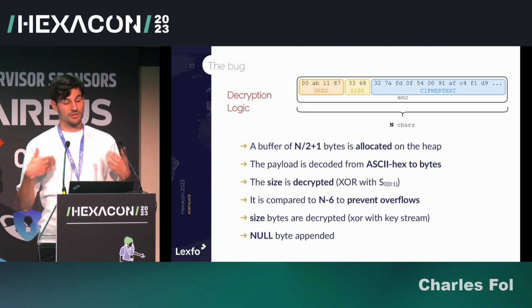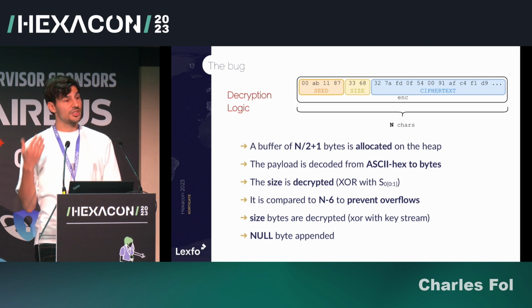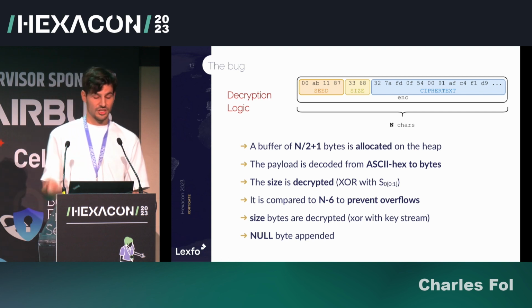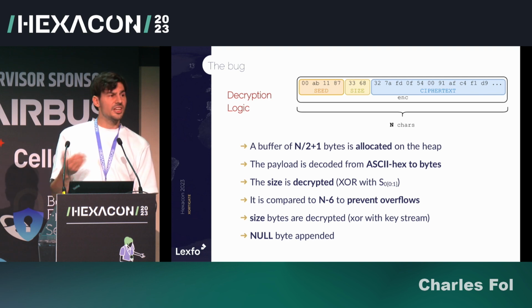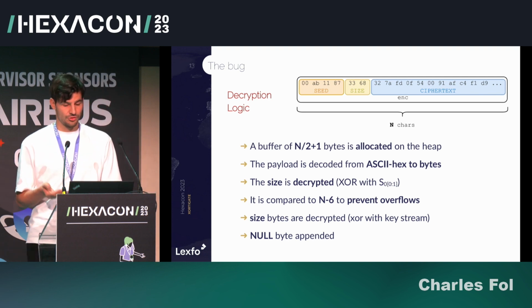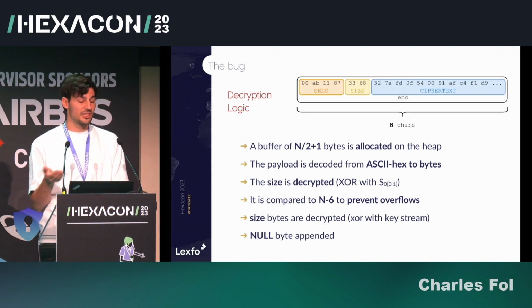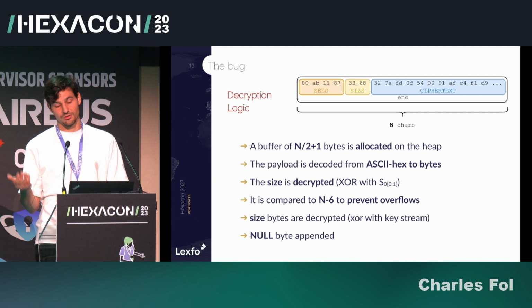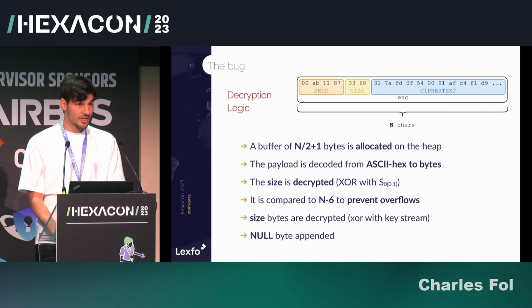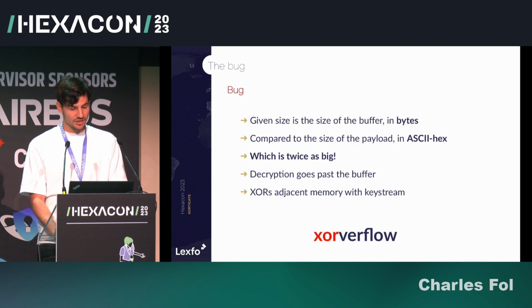So for instance, if the user sends a size of 20, you know that you are going to need to XOR 20 bytes of the ciphertext with the key stream. And at the end, you add the null bytes to avoid leaks. So that's why you allocate n divided by 2 plus 1 bytes so that you can store the final null byte. So you may have spotted the bug.